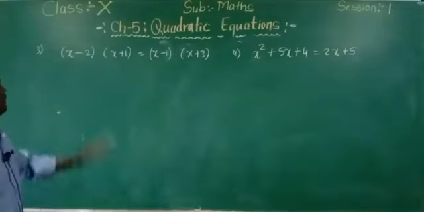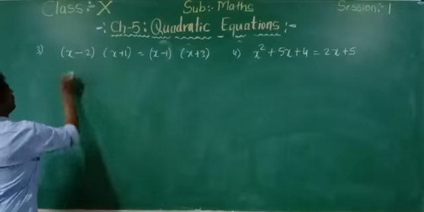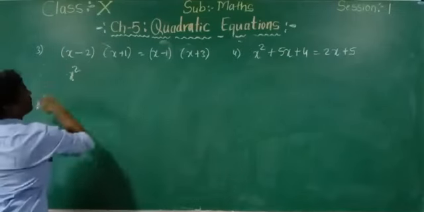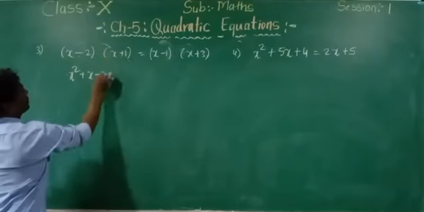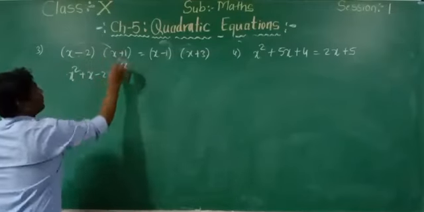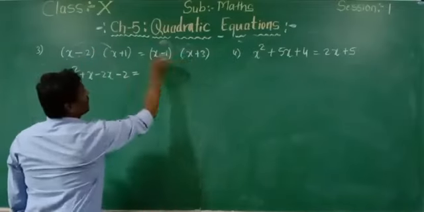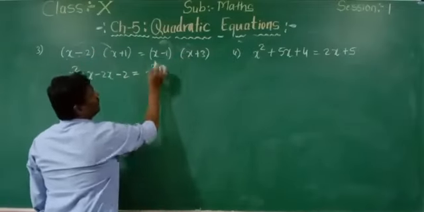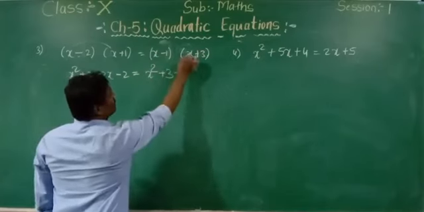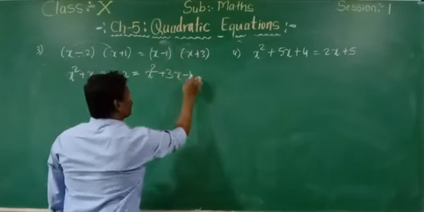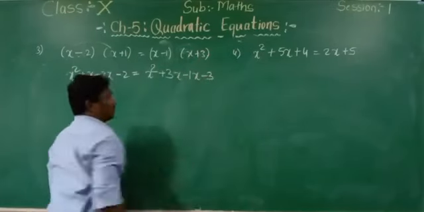Okay, multiply the product of the two binomials: x into x, x square, x into 1, x, minus 2 into x, minus 2x, minus 2 into 1, minus 2, which is equal to x into x, x square, x into plus 3, 3x, minus 1 into x, minus x, minus 1 into 3, minus 3.